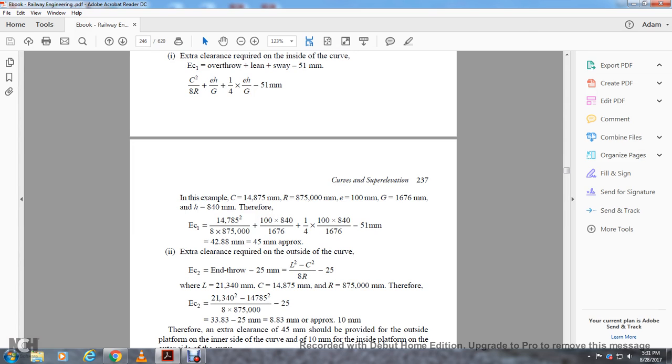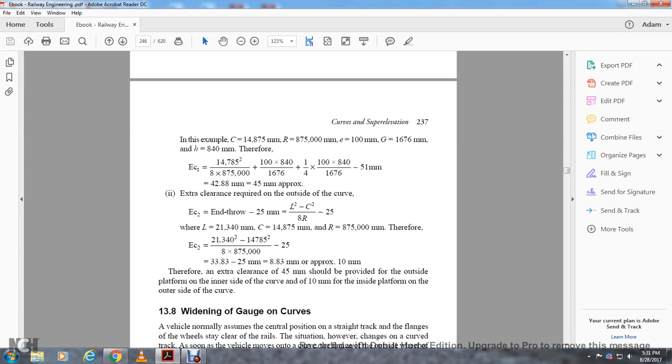So EC is equal to 14,785 squared over 8 times 875,000, plus 100 times 840 over 1,676, plus 1/4 times 100 times 840 over 1,676, minus 51 millimeters.